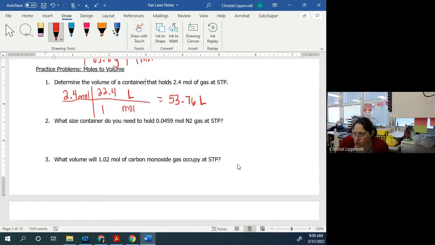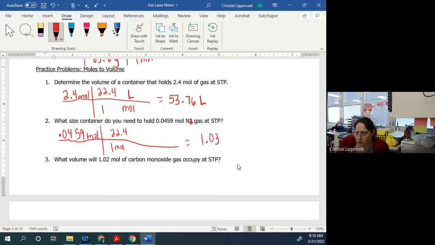Okay. This should be a lowercase 2. Sorry about that. What size container do you need to hold this? So we've got 0.0459, that's moles. Does it matter if it's H2 or not? No, it doesn't matter at all. So this is going to be 1 mole and 22.4. So I ended up with 1.03 here.